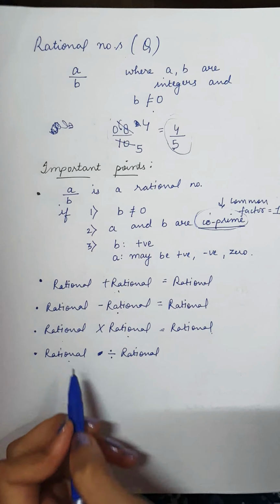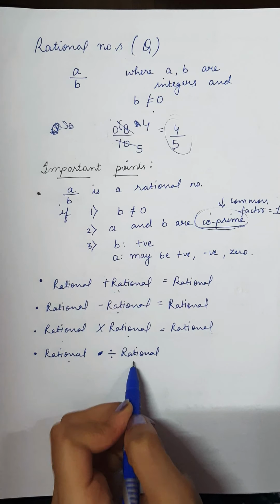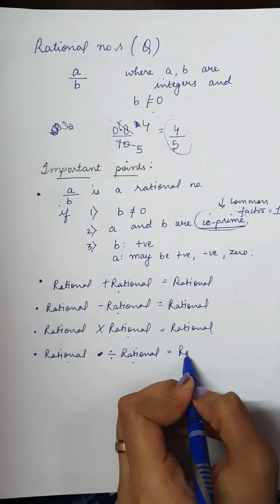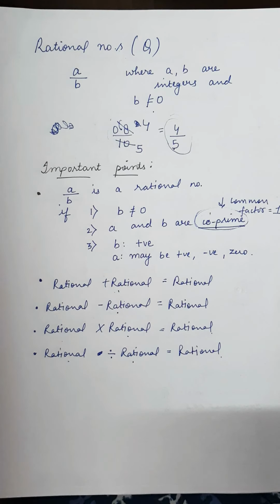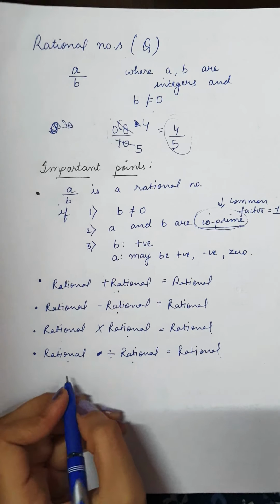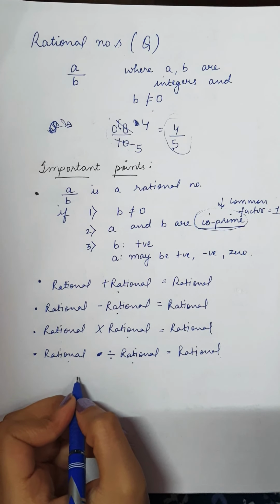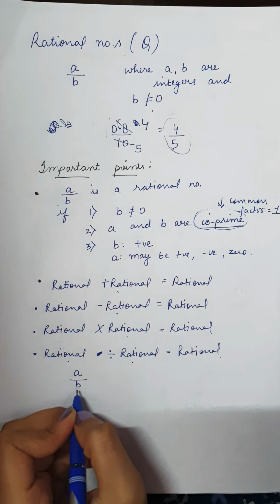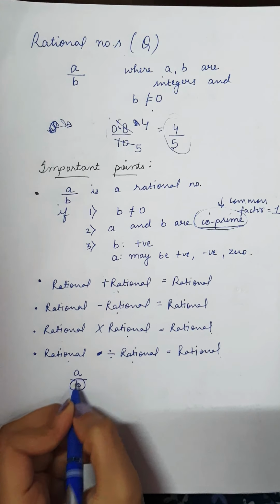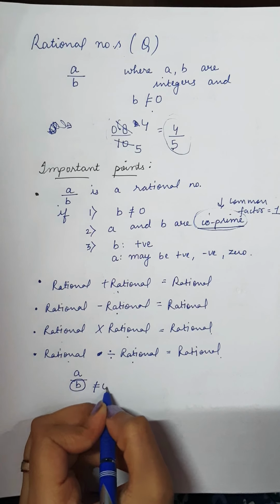Now if I divide two rational numbers, am I going to get a rational number for sure? Just think and answer. It is like if I am dividing some fraction a by b, here I need b to be non-zero.